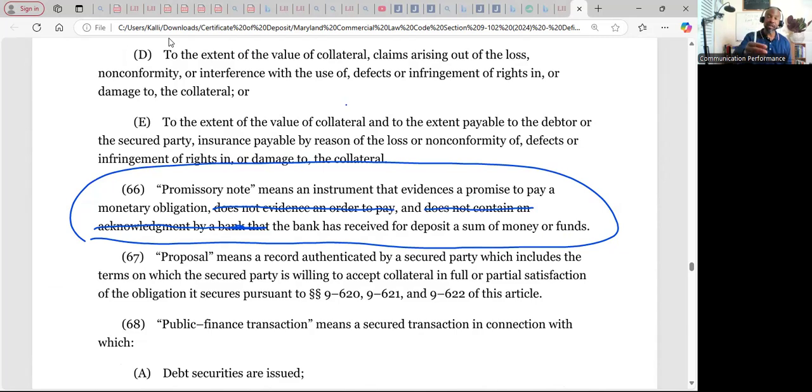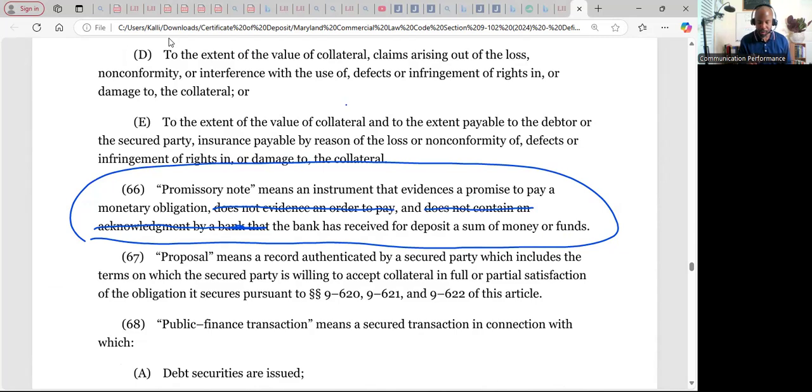It's also in your state code that defines a note as security. And it's also in your state code that your note can also be collateral, right? So let's read this definition of a promissory note in clear, concise language, right? When we eliminate the extra language that's meant to confuse you, right?